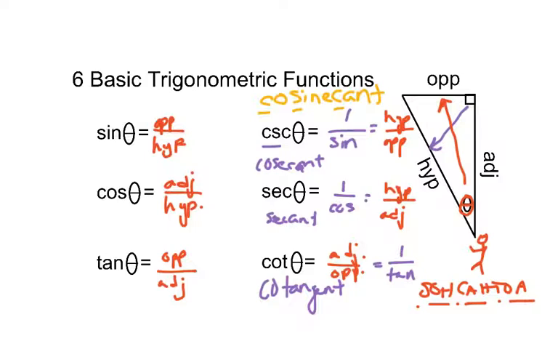Versus in cosine here, I call this one secosine, just because then I can see that SEC would be secosine versus cosecant. So either way, if those help you, that's cool. Otherwise, you just need to remember which one is the opposite of which one. So that's the idea there.